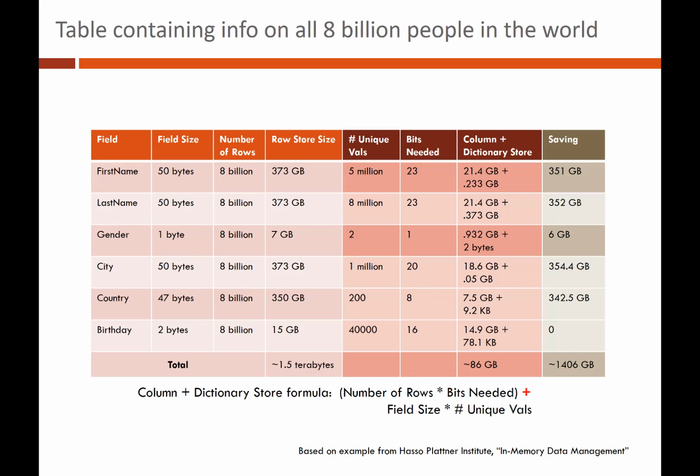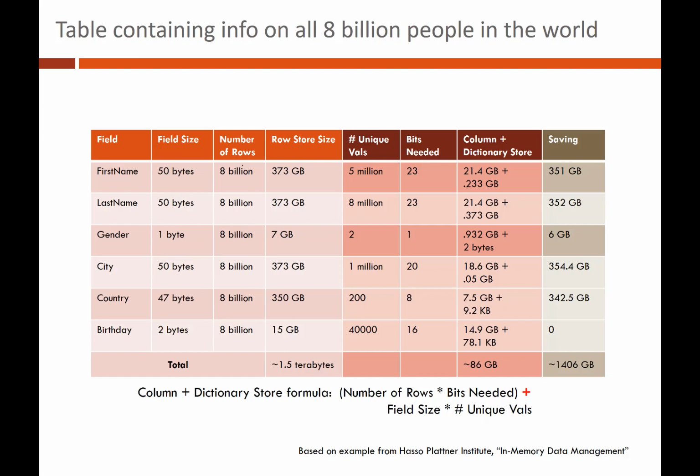And then birthday. You can store someone's birthday in just 2 bytes, and I think that's not storing even, you might be able to squeeze their full birthday in there. That might not have the year. That might just actually be the year of their birth. I'm not sure. 8 billion, 2 bytes, 15 gigabytes. That database table was about 1.5 terabytes. So what if they went back now and they said, suppose we use this technique that we just talked about here.